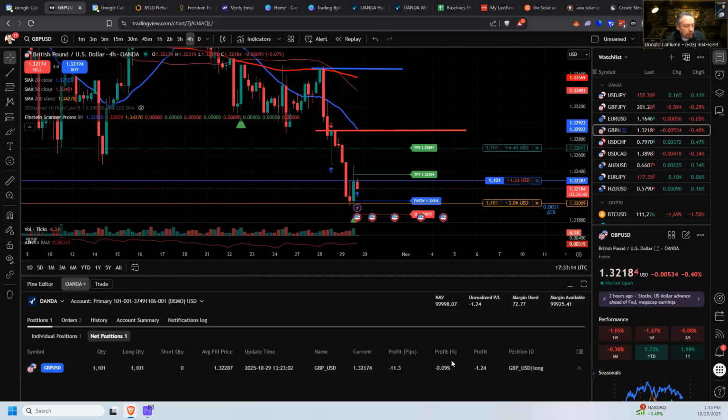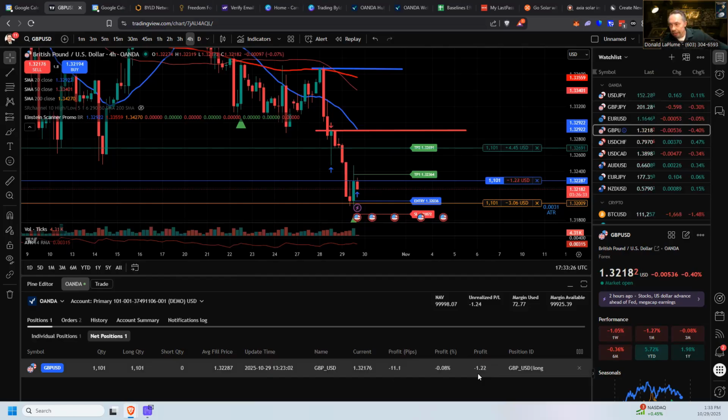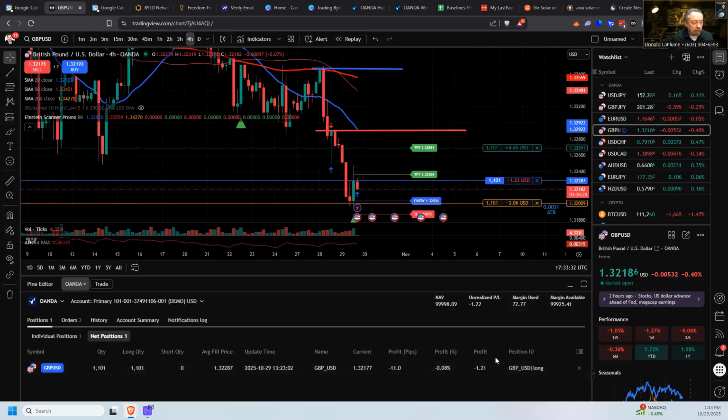It's also showing my percent of gain or loss and my profit gain or loss. So far I'm down $1, right? And again, we're talking fake money, but even if it was real money, that's why you've got to get used to this and say, okay, what am I really putting into this?